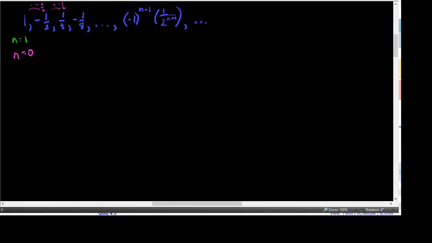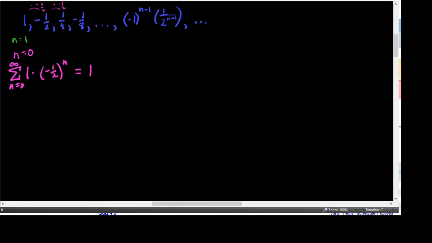So the first term is 1 times r, which is -1/2, to the nth. And remember, with geometric series, we generally start with 0. And so if we made this our series with n starting at 0, let's see if it actually produces the right numbers. -1/2 to the 0 is 1.